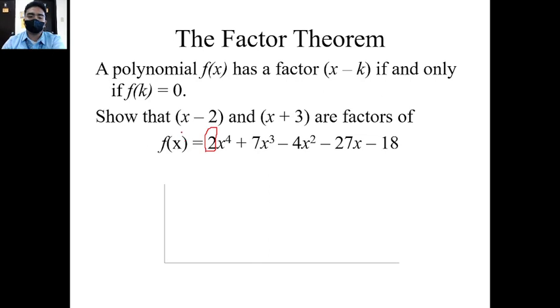It is 2, positive 7, negative 4, negative 27, and negative 18. Are there any terms that are missing, starting from your highest degree, which is x raised to 4, going to third, second, and first? It is complete. So you're going to put the coefficients of these terms as well as the constant.